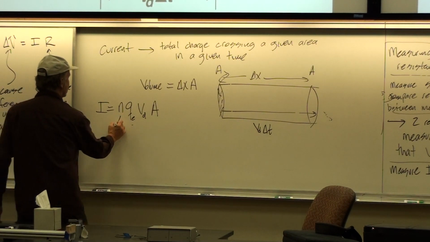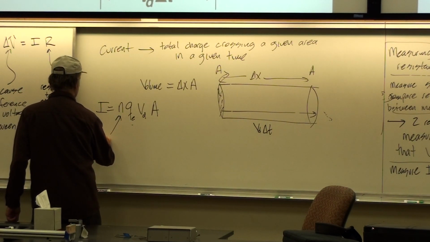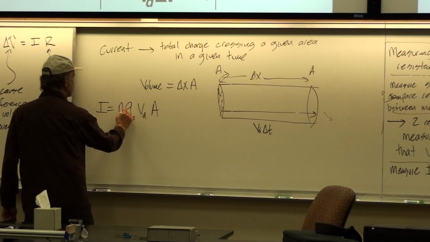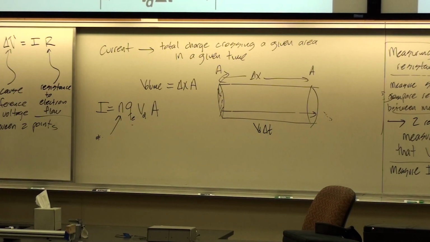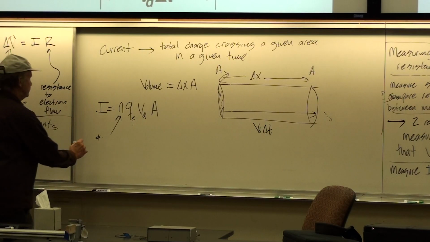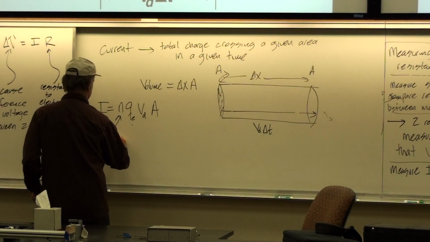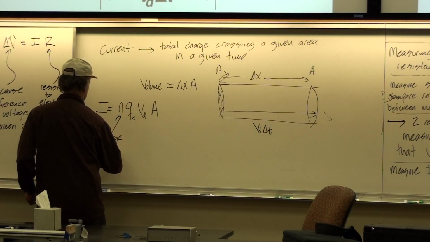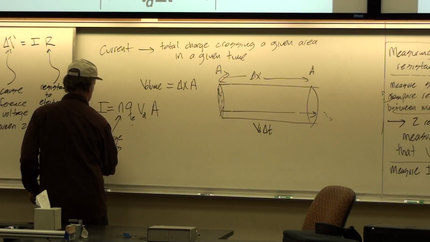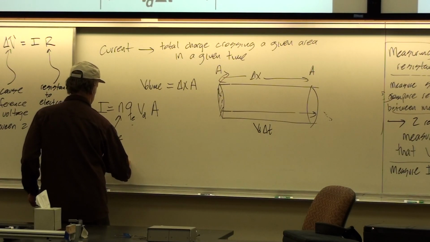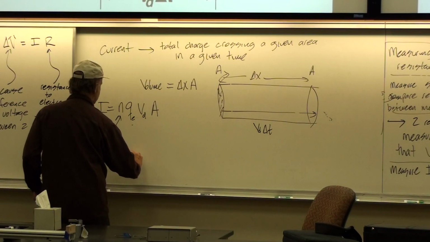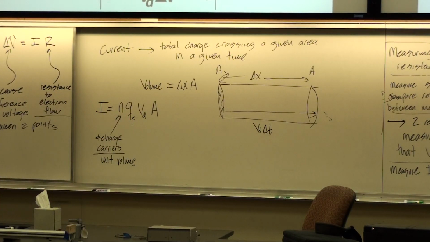Okay, so n here is the number of charges per unit volume in the conductor. So this is different for, say, copper than it would be for iron. This is just the number of available charge carriers.